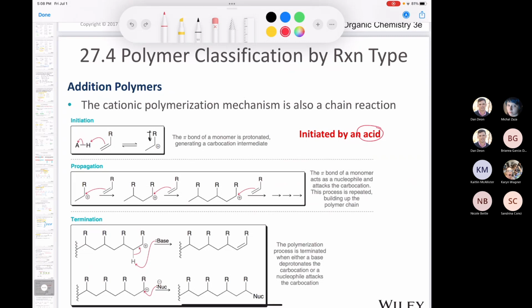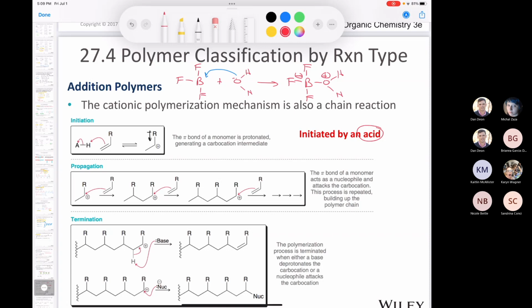Maybe I'll write out the whole Lewis structure here. So if you have BF3, which is a Lewis acid, it's an electron acceptor, and water, what happens is that the water donates a pair of electrons into this empty p orbital, and you end up with this complex that looks like this. So you end up with this zwitterion like this.